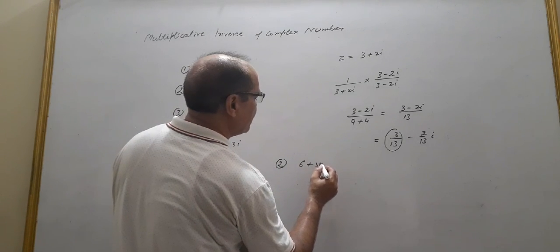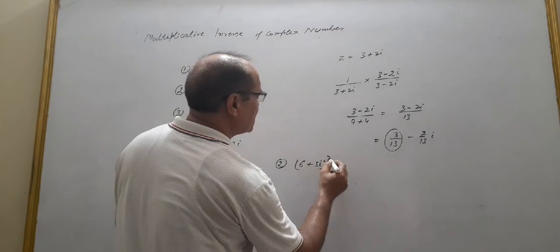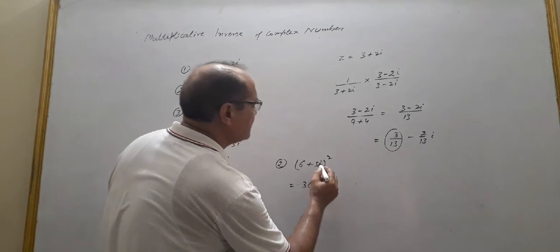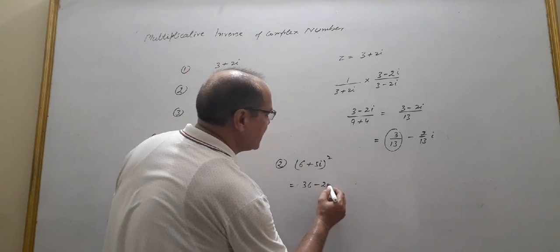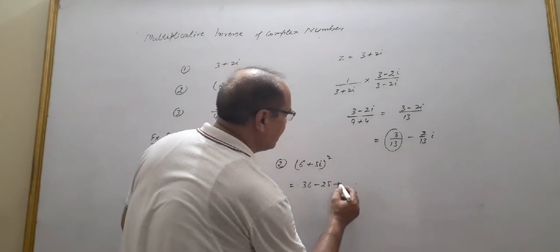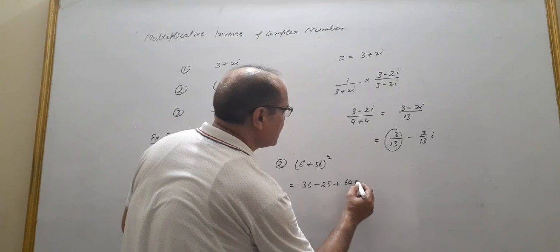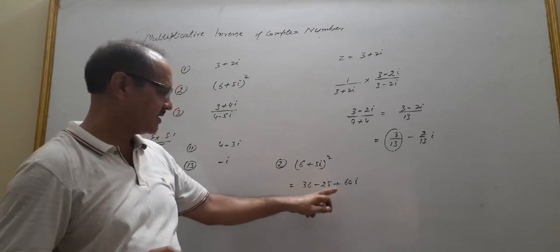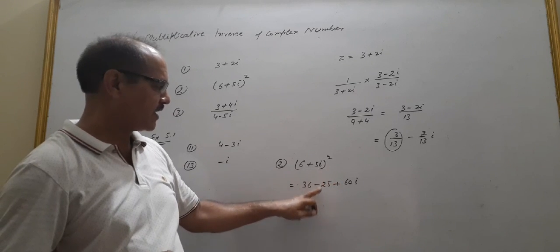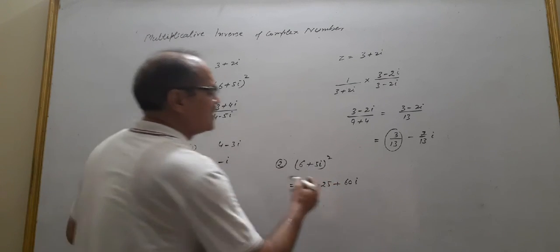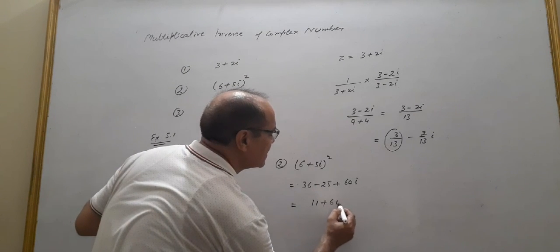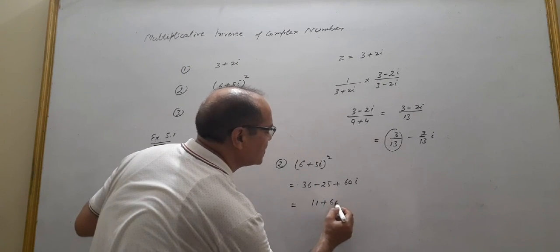Now question number 2, how to write the multiplicative inverse of this, that is 6 plus 5 iota. Students, you first of all square it, that is 36, and 25 iota square, which is minus 25 because iota square is minus 1, and plus 60 iota, that is a square plus b square, minus because iota square is minus 1, and plus 2ab. This can be written as 11 plus 60 iota.